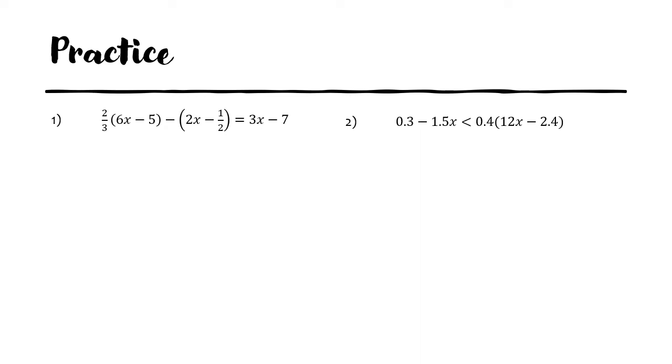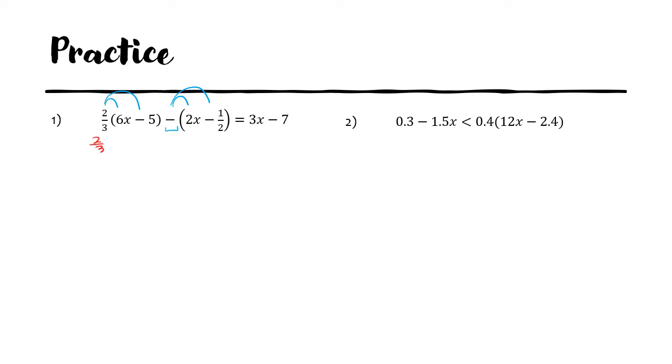So the first thing I'm going to do is distribute. I want to get rid of these different groups that I have going on in number 1. So I'm going to be distributing 2/3 across this first set of parentheses. I'm also going to distribute this negative. We can treat that almost as like a -1 being multiplied by this group of parentheses. So if we take that step, I'm just going to write that out for now.